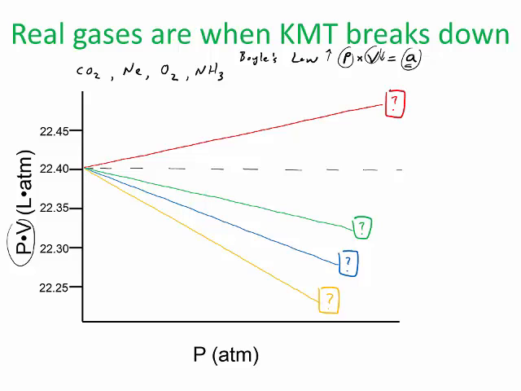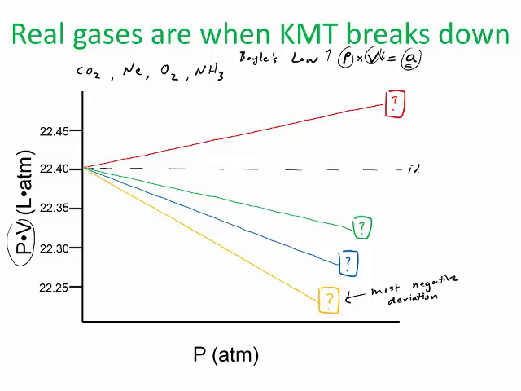So what we're looking at here is this gas right here. I'll give you some pointers here. This gas right here has the most negative deviation from ideal behavior.